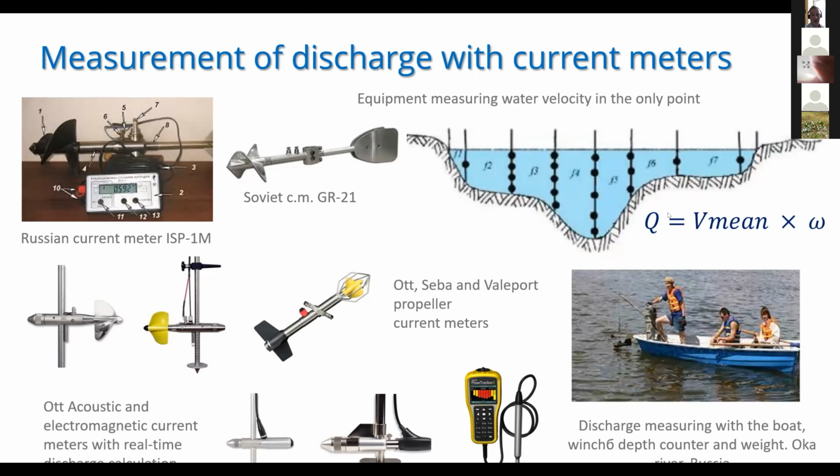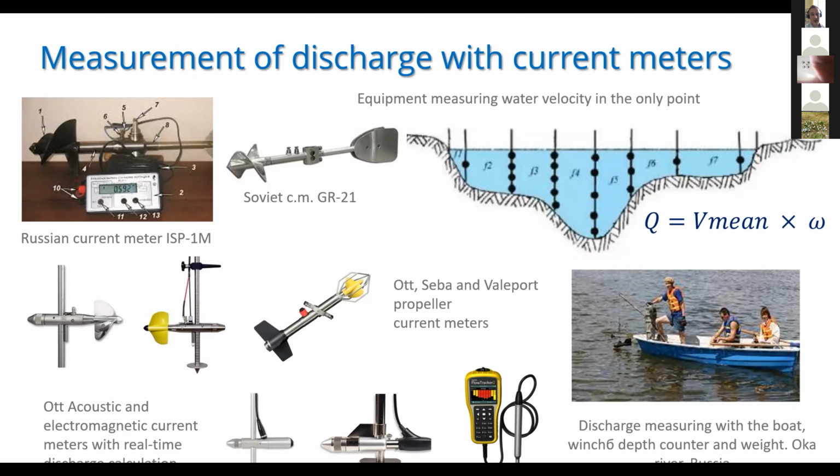This kind of equipment is used to measure water speed in one point of the cross section, and then water discharge is calculated using mean velocity multiplied with cross section area. In Russia, the main type of current meter is called ESP1.